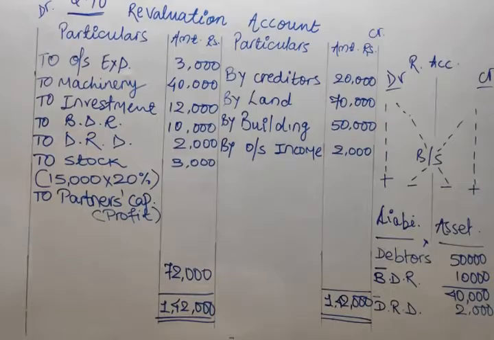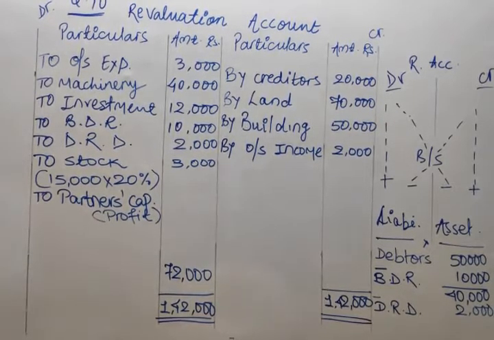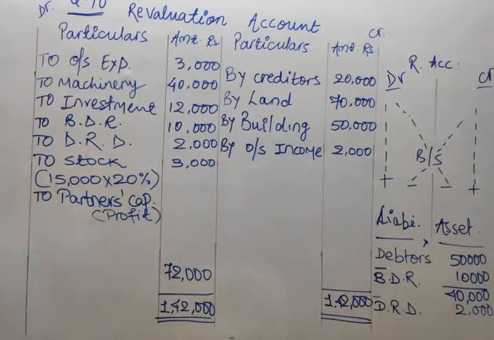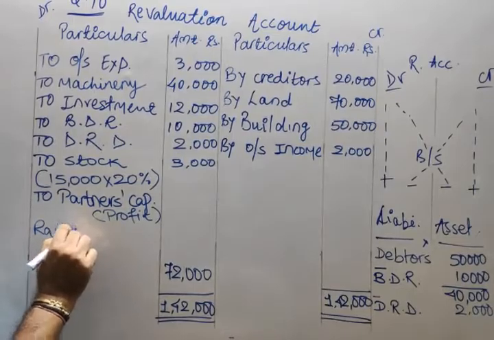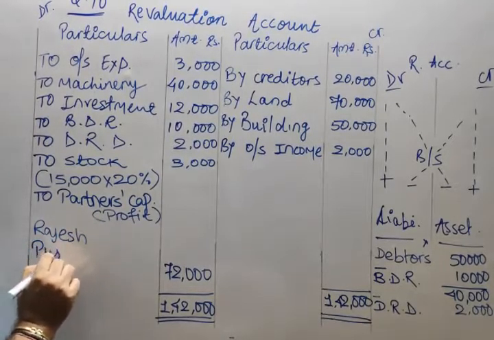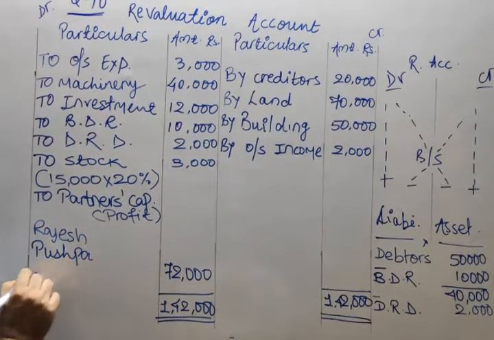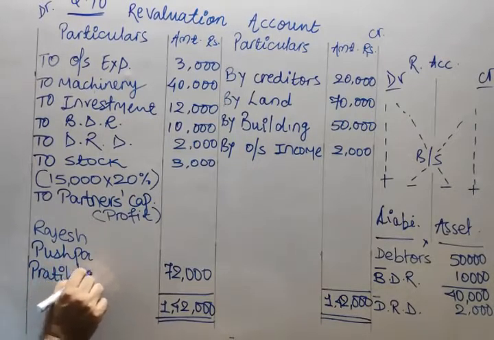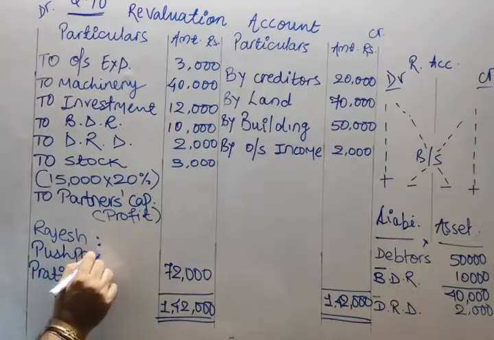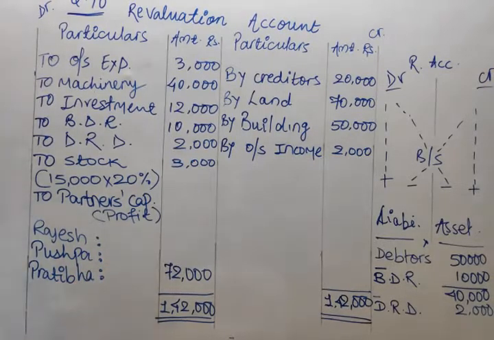But their old ratio is 2:3:2. The names in chronological order: Rajesh, then Pushpa, and Pratibha. Okay? Distribute them. 72,000 distributed between them in 2:3:1.